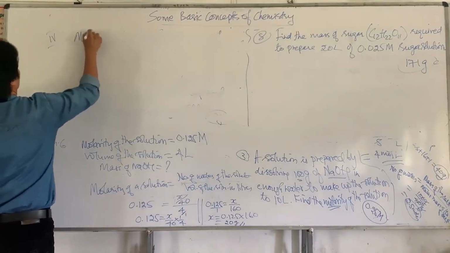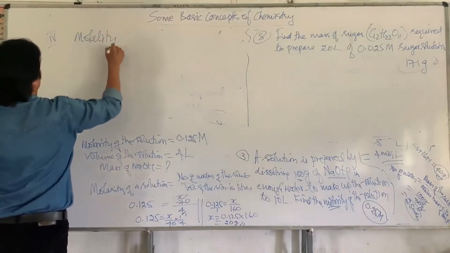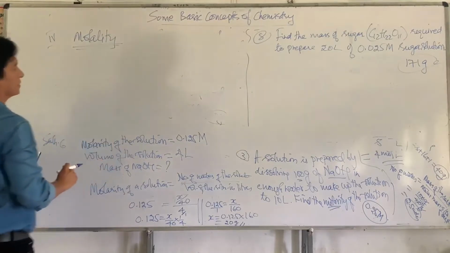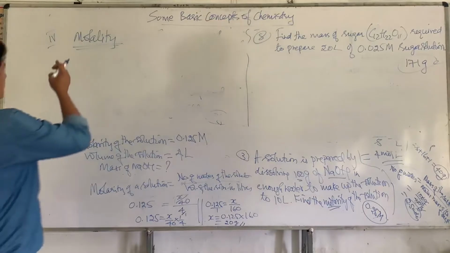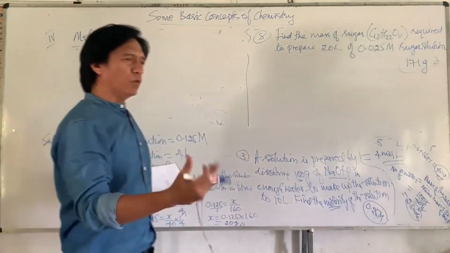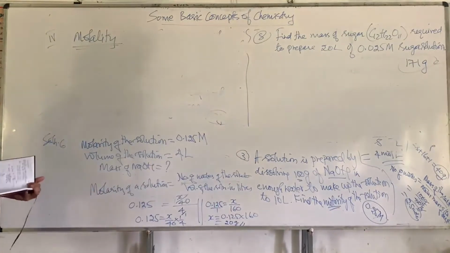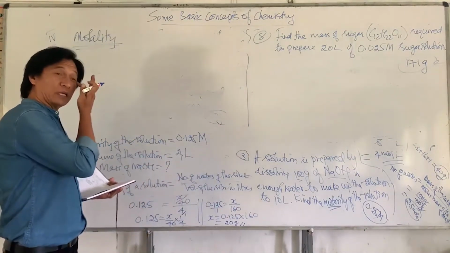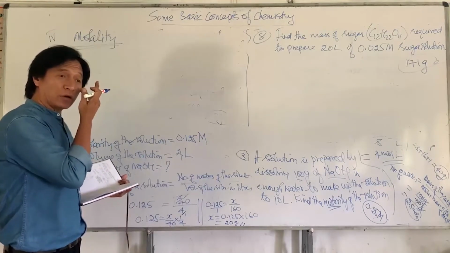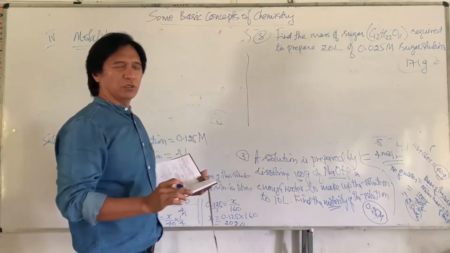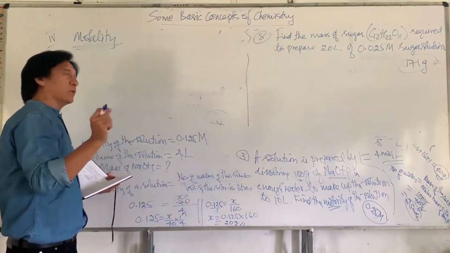Molality is defined as the number of moles of solute or salt present in 1 kilogram of the solvent, not the solution, of the solvent.